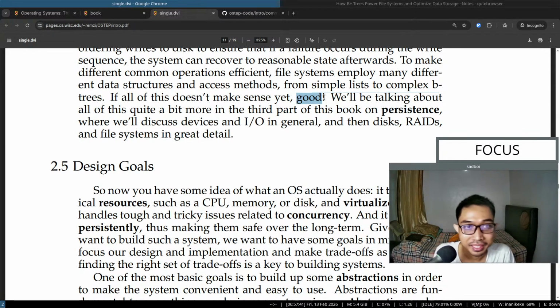We'll be talking about all of this quite a bit more in the third piece of this book, on persistence, where we'll discuss files and input-output in general, and then RAIDs and file systems in great detail.